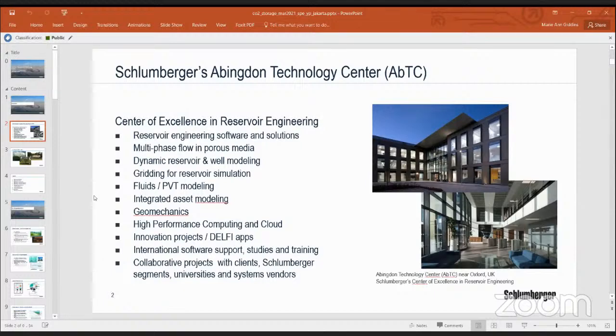We take part in studies, we give training, and we work on collaborative projects with clients, other Schlumberger segments, universities, and other third-party vendors.